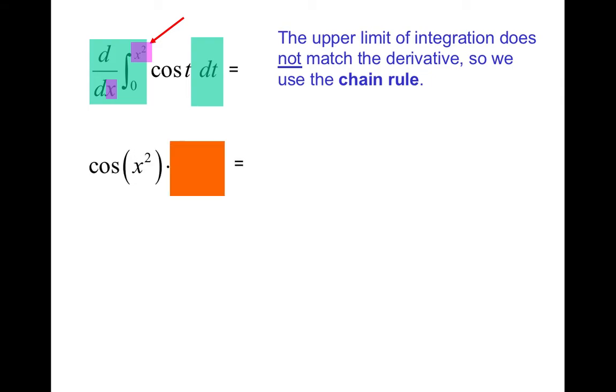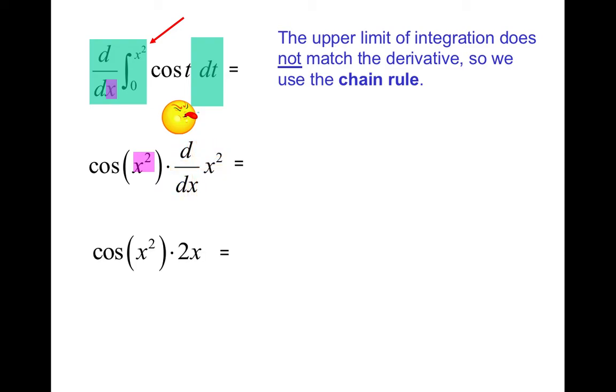So guess what I have to do? I'm going to copy over the integrand. I'm going to replace t with x squared, and then I'm going to spit out the derivative of x squared. Done!